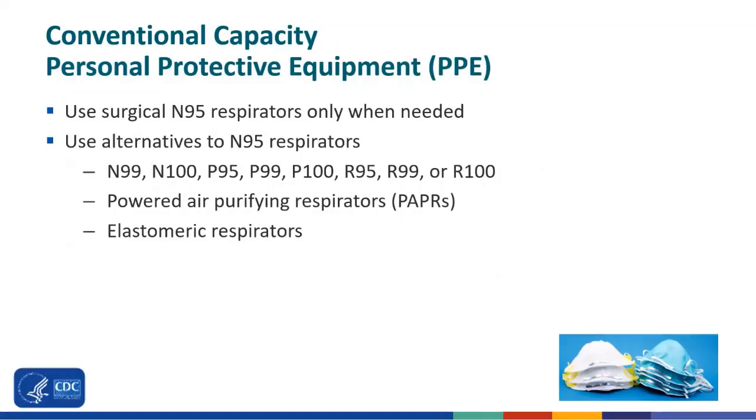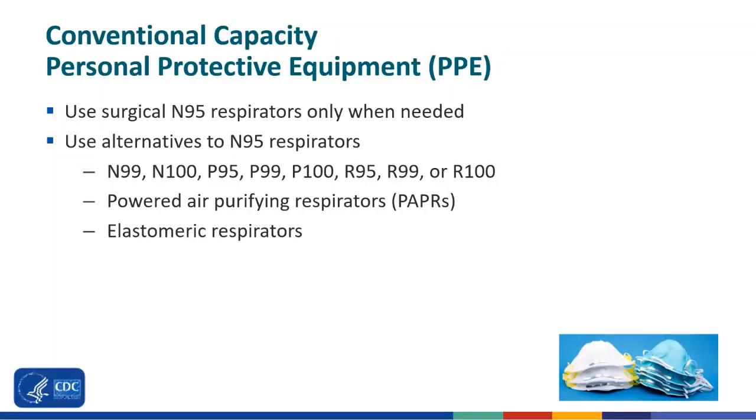So understanding the different types of N95 respirators is important for conserving supplies. Surgical N95 respirators, as Dr. D'Alessandro mentioned, are recommended for use by healthcare personnel who need protection from both airborne and fluid hazards like splashes and sprays. Another important strategy that leads us to the focus of this presentation is the use of alternative NIOSH-approved respirators to N95s.